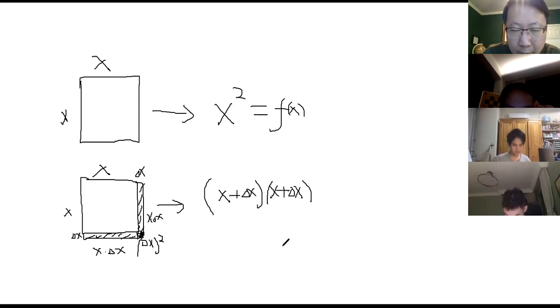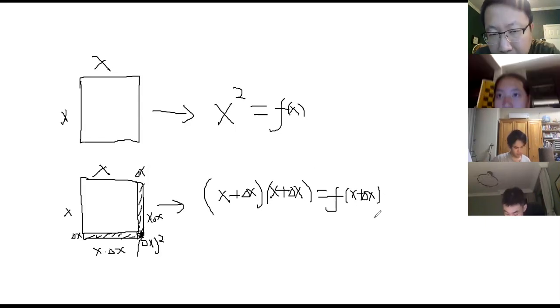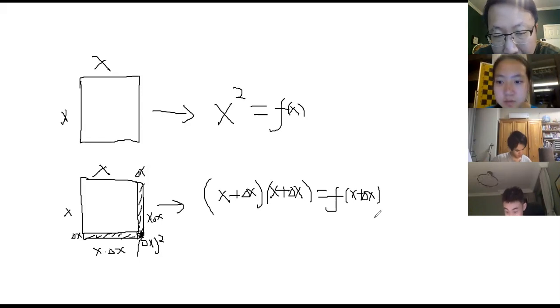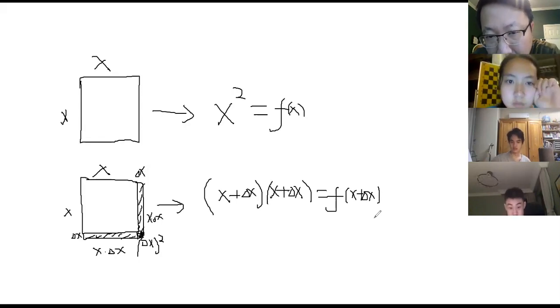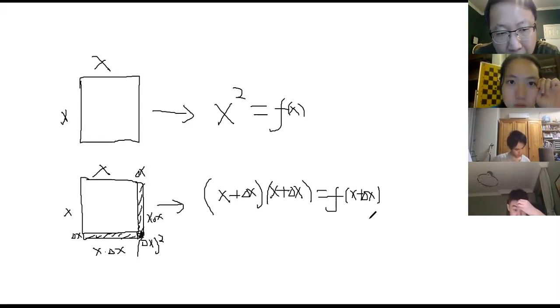So then this is f of x plus delta x. And when I increase the side by delta x, how much I really change is, of course, those shaded areas.